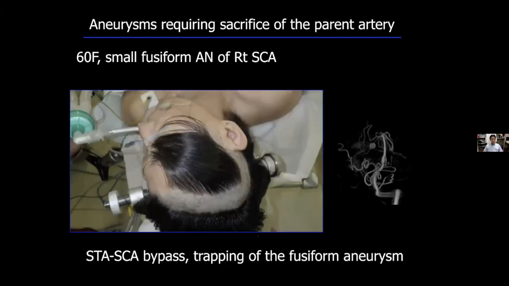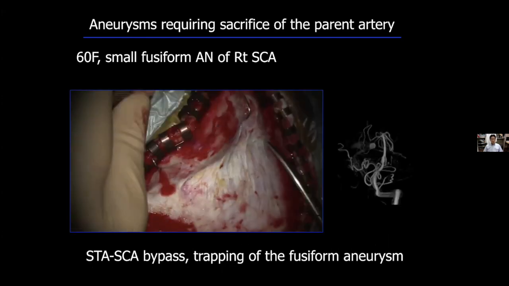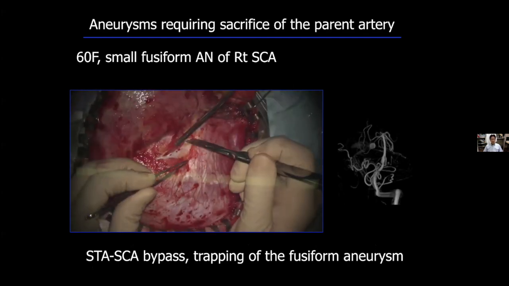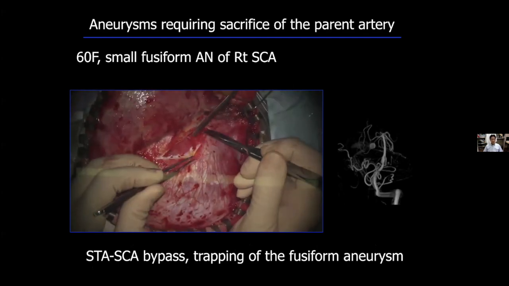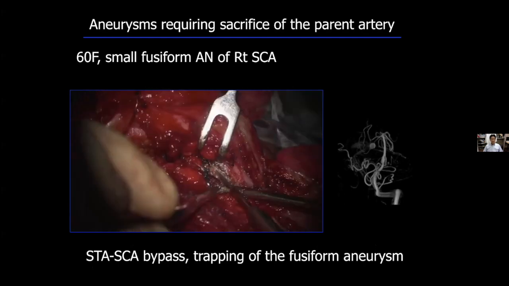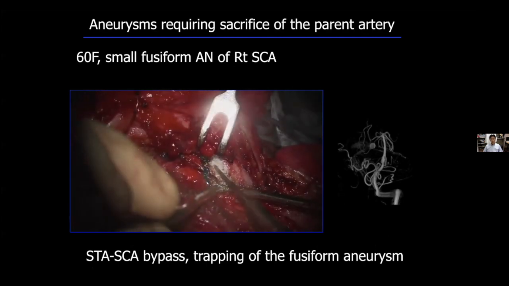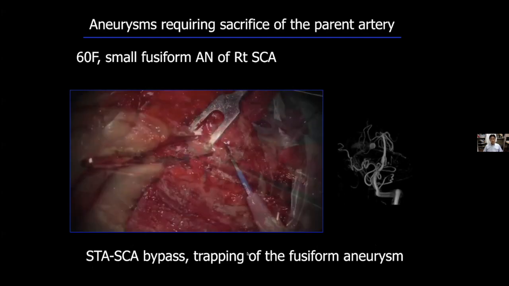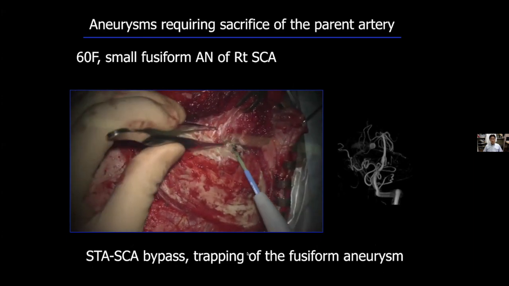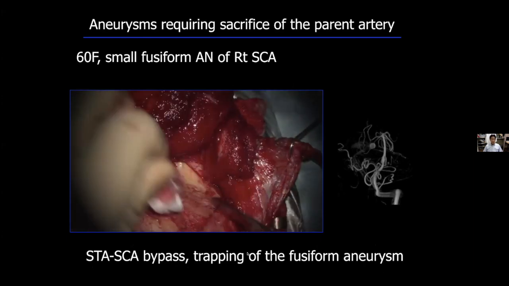So the patient was placed in the supine position, and her neck was rotated to the left. This is a two-layer dissection and the transzygomatic approach, and the temporal muscle was reflected as low as possible.